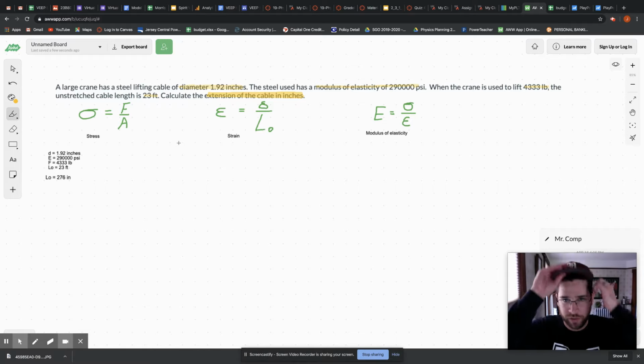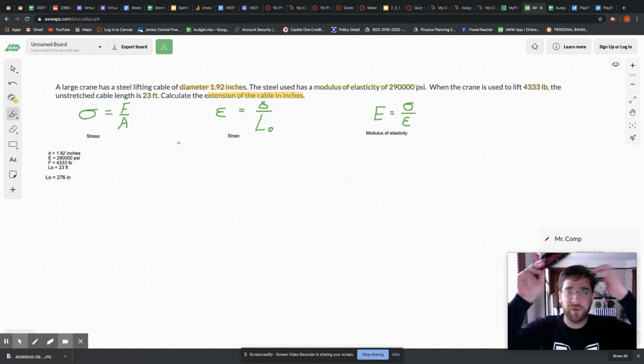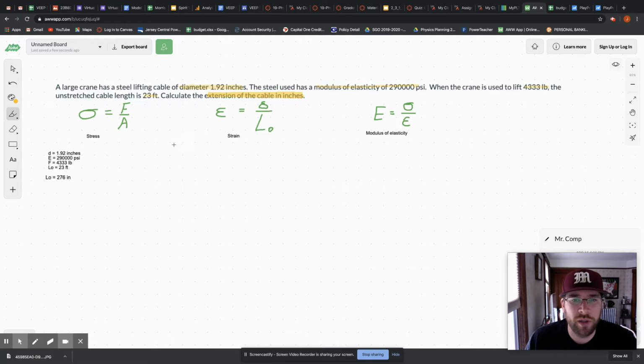So what can we actually find first? We can use the modulus of elasticity to find the strain, but the first thing we want to find is the stress. The only way we're going to find the stress is if we know both the force and the area.